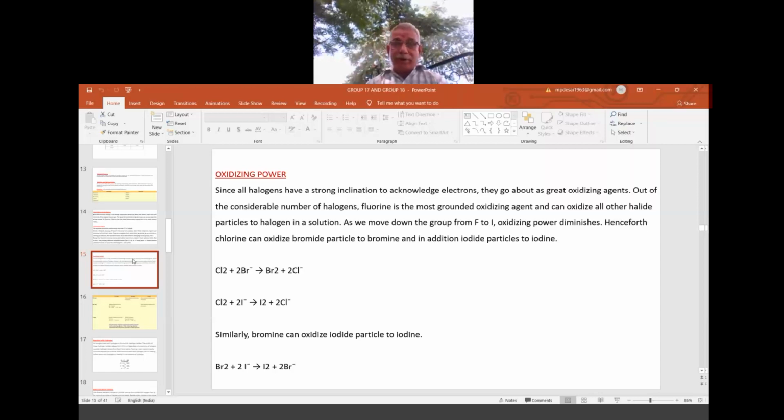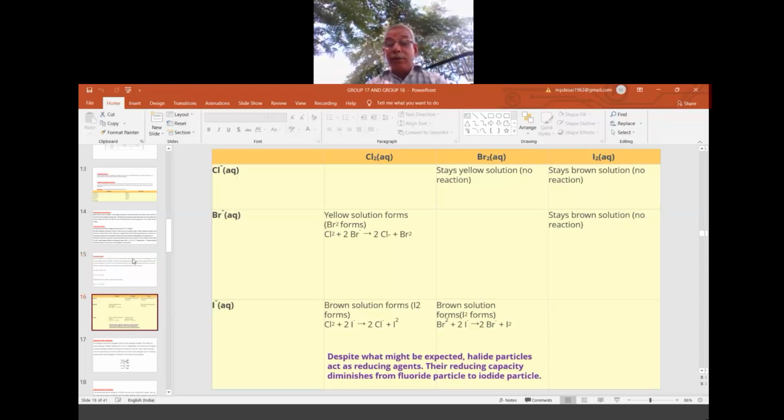Once they become Cl minus, Br minus, then they want to give back if the demand is there from someone. Then they act as reducing agents. Fluorine is an oxidizing agent. Fluoride is a reducing agent. So halogens are the best oxidizing agents, but their anions are the reducing agents. Right. So reactions, kindly go through this part.